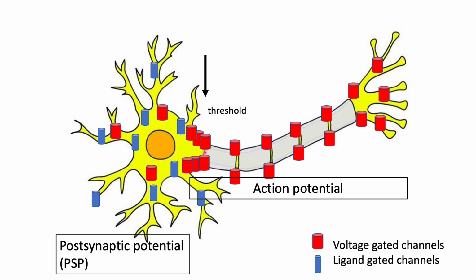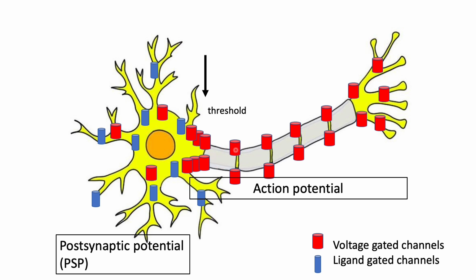And then the summation of all these postsynaptic potentials will reach the axon hillock, which has the highest concentration, as we said, of voltage-gated channels. Then once the action potential is generated, it will be transmitted here. In this case, this is a myelinated nerve, so the axon is covered with myelin sheath.